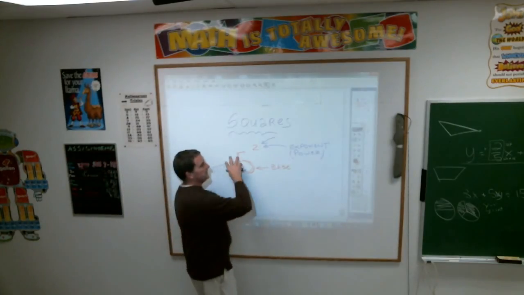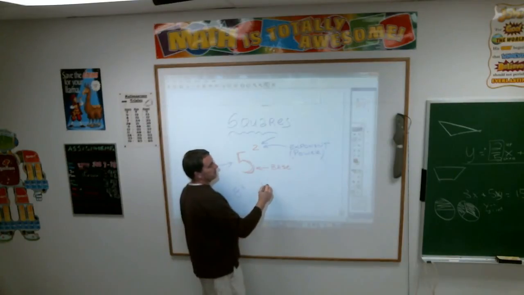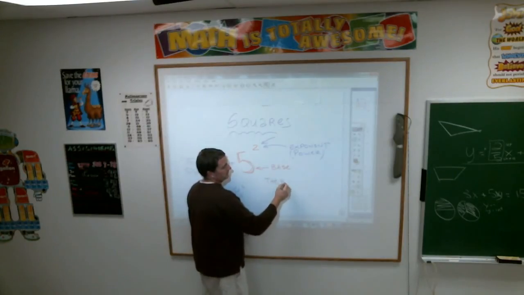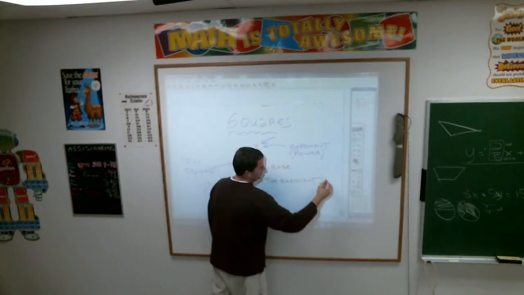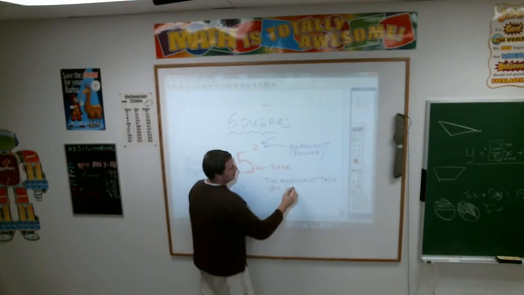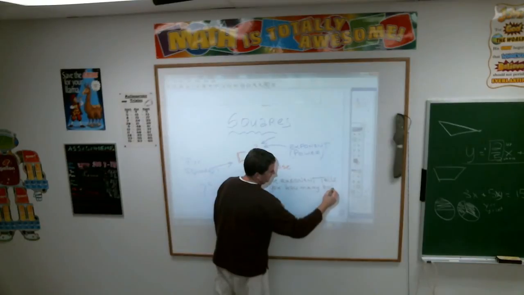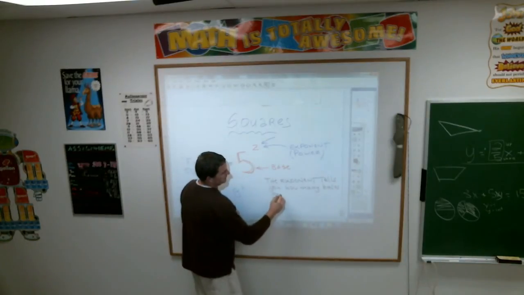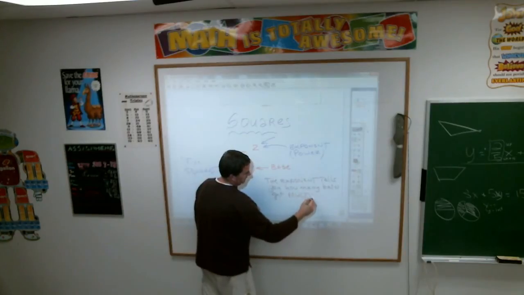Okay, when you see this square thing, the exponent tells you how many bases get, now here's the big word, multiplied together.